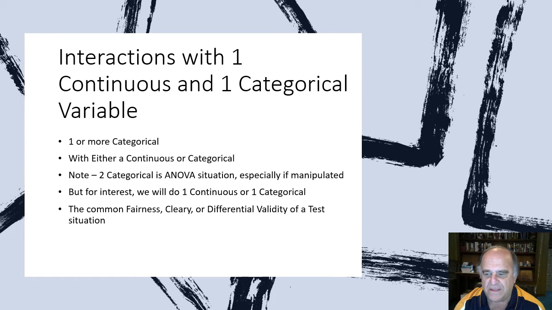So this has a lot of application to those of you in almost any field who want to be involved in assessment, because this model where we have one continuous and one categorical variable is, again, the classic fairness model. We have a test that's predicting some criterion, and we're asking, is it moderated by some demographic variable? And that's the classic fairness model, sometimes called the Cleary model.